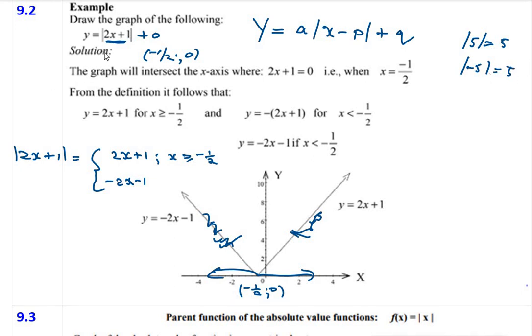So basically the inside can be positive and the inside can be negative, and this is exactly what happens now. And then that will be our piecewise function. In other words, the right arm, the positive arm, will be greater than -1/2. The change is always at the vertex.